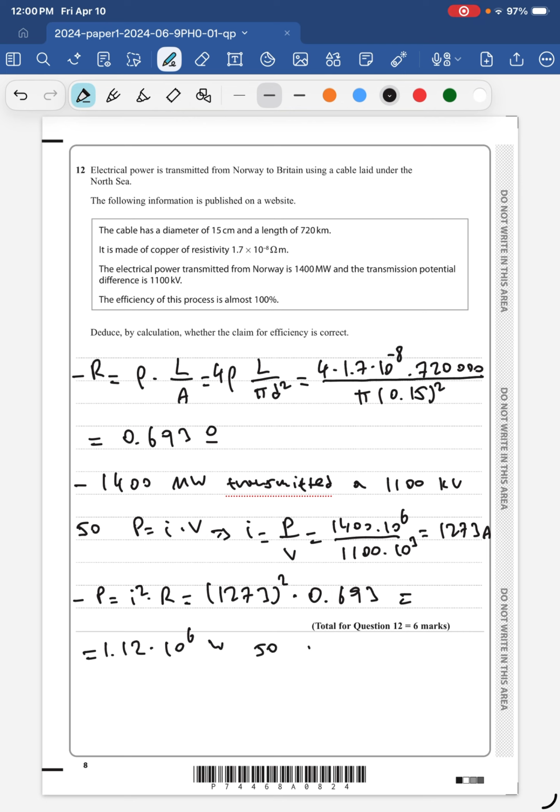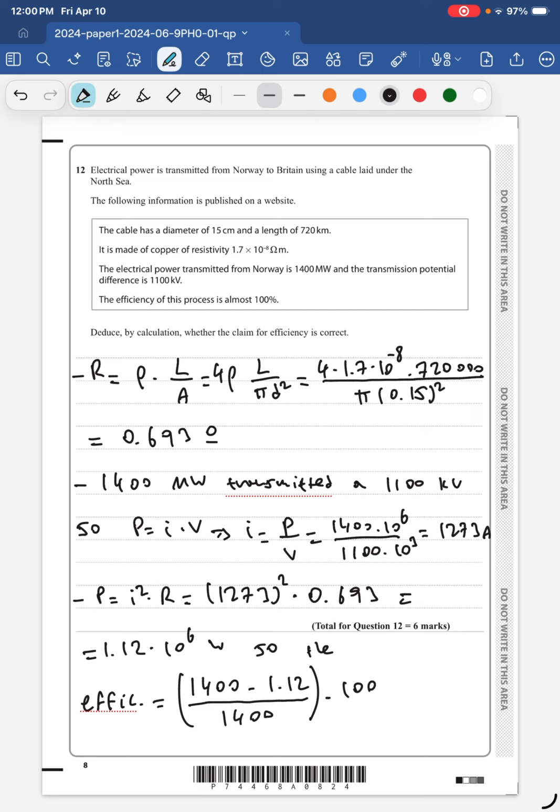So the efficiency is equal to 1400 megawatts minus 1.12, because 1.12 times 10 to the 6 watts is 1.12 megawatts, over 1400 times 100.